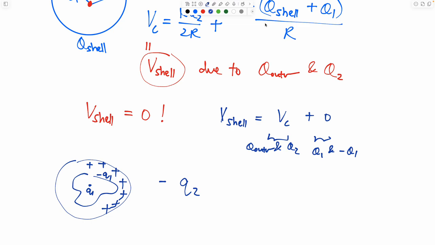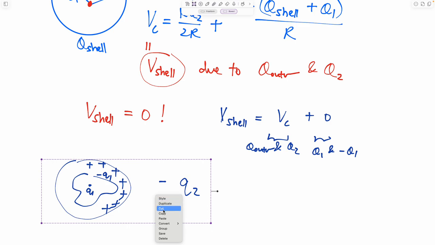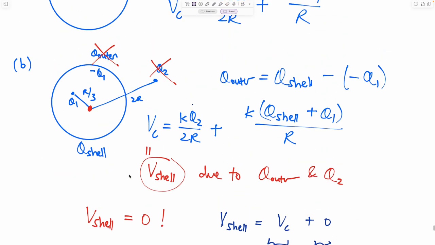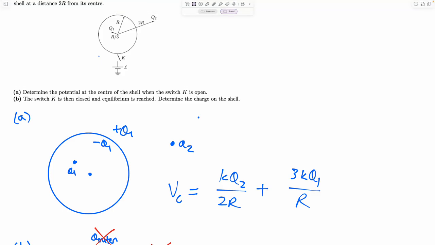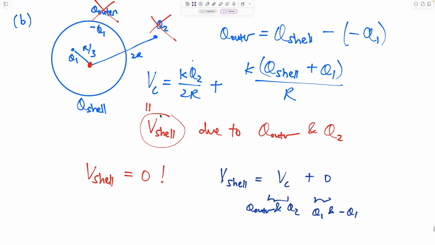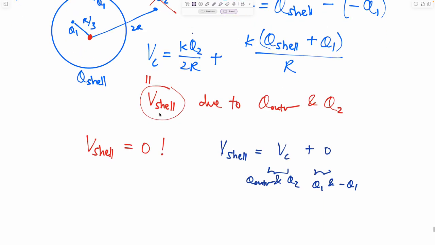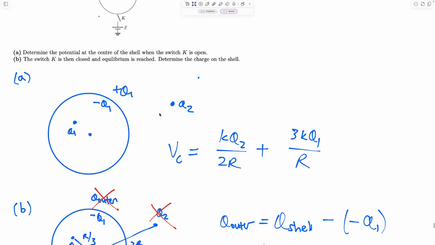Does these two concepts make sense? Okay, that is electrostatic shielding in a nutshell. Those two things are most important, and then you can do this problem now. It just needs a bit of thinking. It's a bit confusing now.